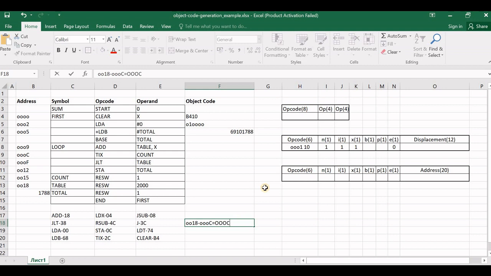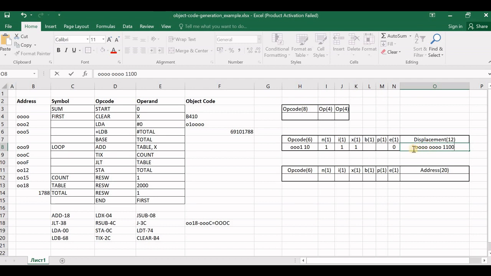So take this displacement and represent it in 12-bit representation format. So it is 0000 0000 1100. C is 12. So how do you represent 12? 12 is 1100.